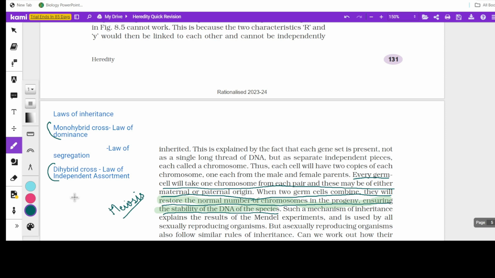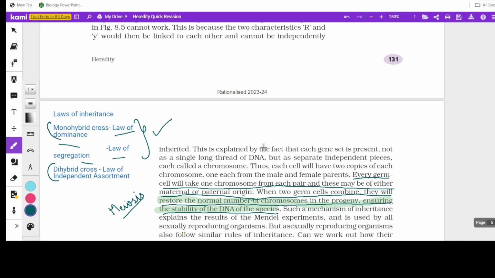Now, the law of dominance and the law of segregation have been stated based on the monohybrid cross, and the law of independent assortment has been stated based on the dihybrid cross.